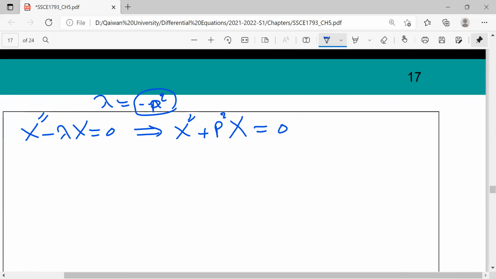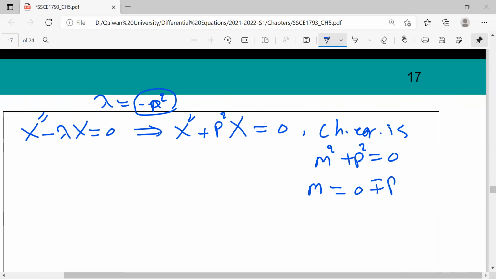We find the characteristic equation, which is m squared plus p squared equals 0. And here m equals 0 plus minus p times I. Here alpha is 0 and beta is p.